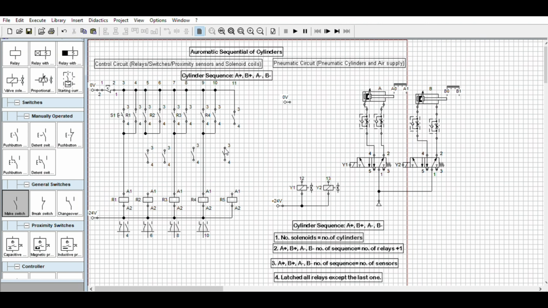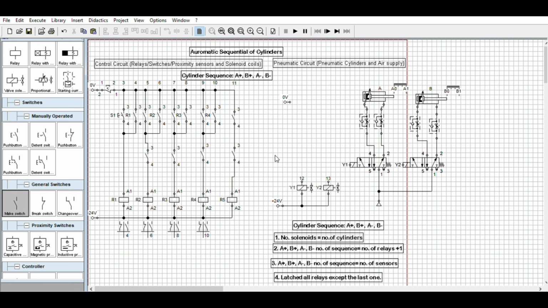Semi-automatic sequential, but here we can automate because of the sensor here. So we need the normally open contact. So this is how to automate using the normally open contact. The one we have is the manual sequential.